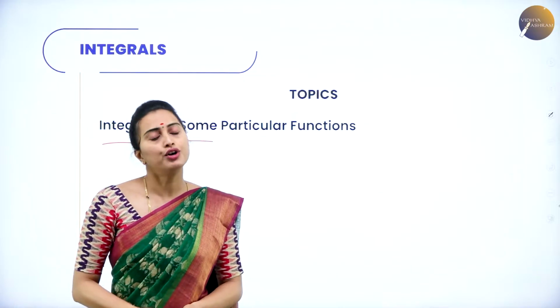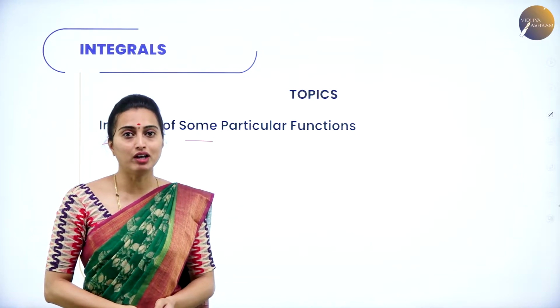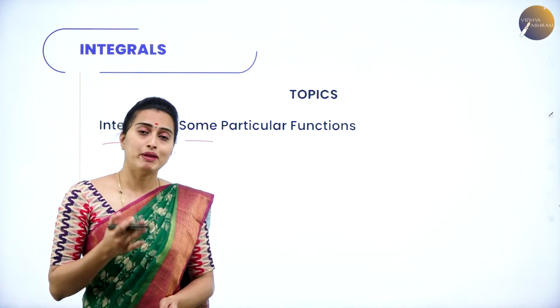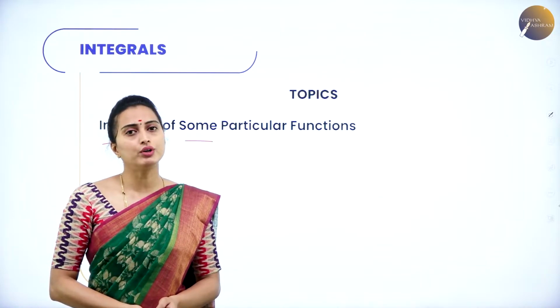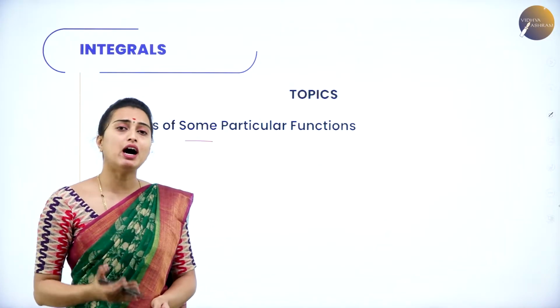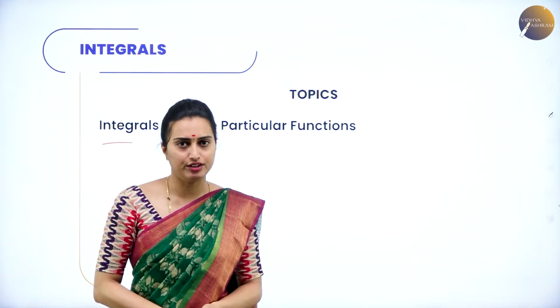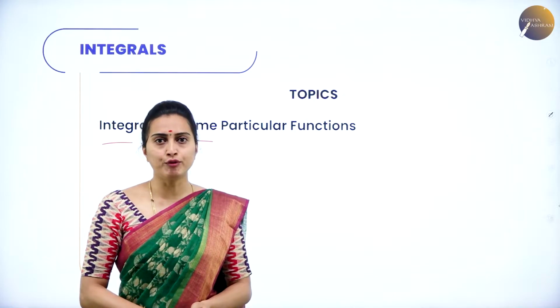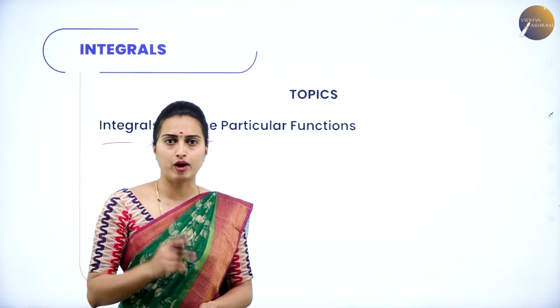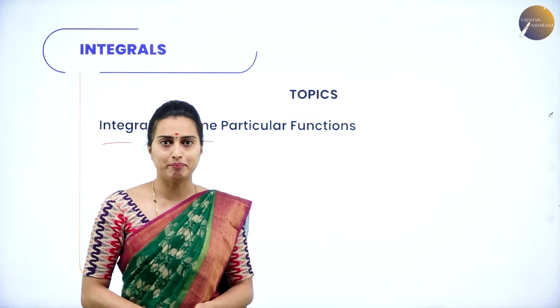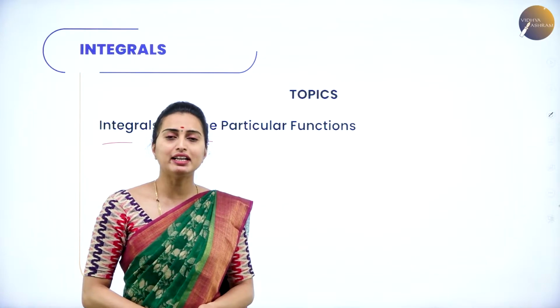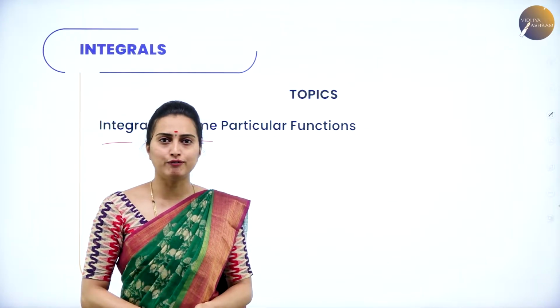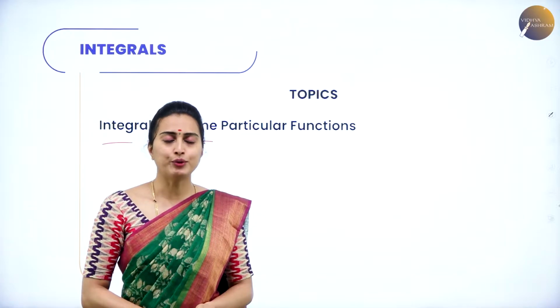Therefore, here you are going to learn some formula proofs, and then based on that formula, you are going to learn the problems which will be asked for a 5 marker in your final examination. That means along with this formula proof, they are going to ask you one problem which is given for a 1 marker. That means related to the formula only they are going to give you a problem. I hope you got this one.